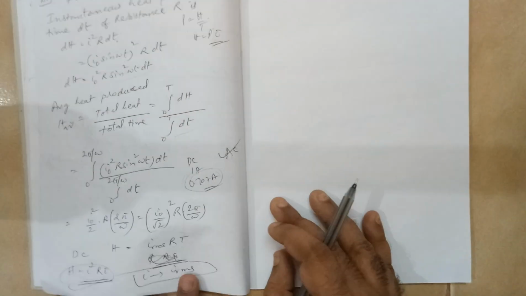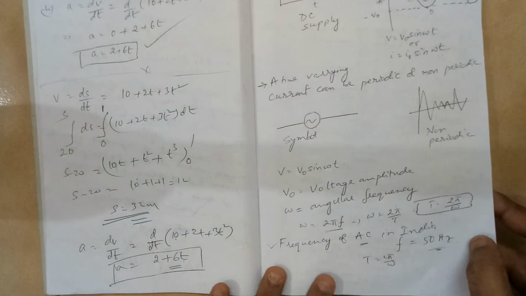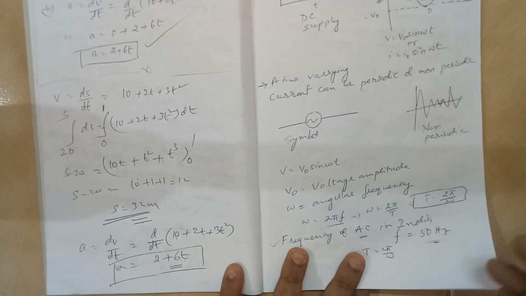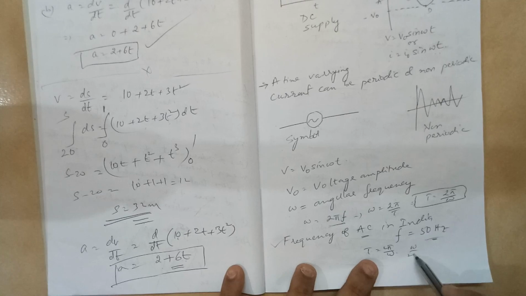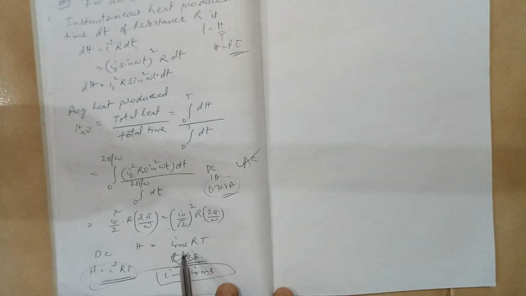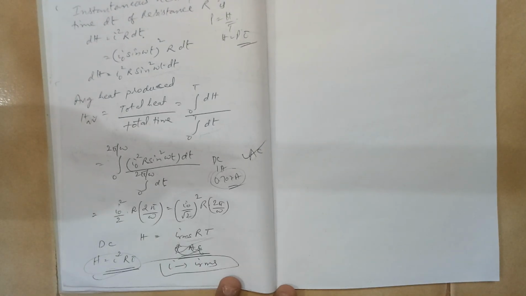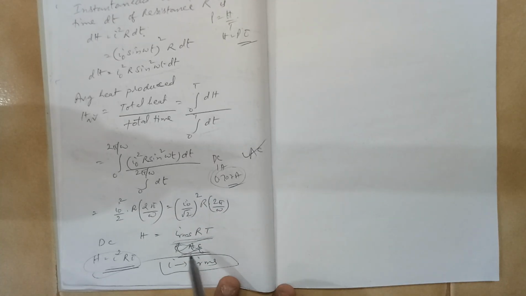So 2 pi by omega, you are getting omega by 2 pi. What is omega by 2 pi? Omega by 2 pi is 1 by T.